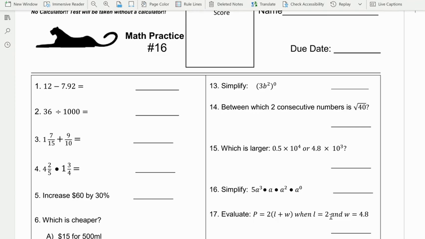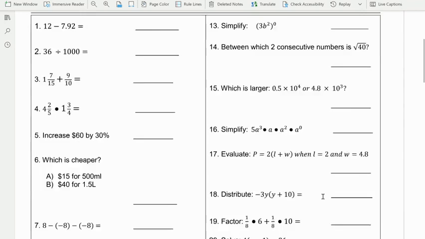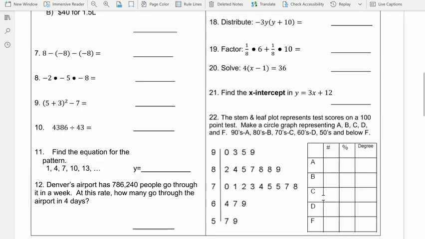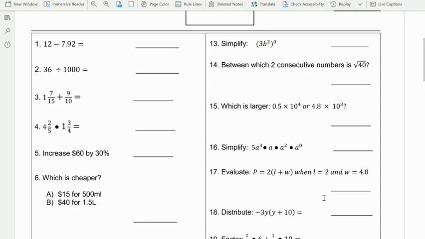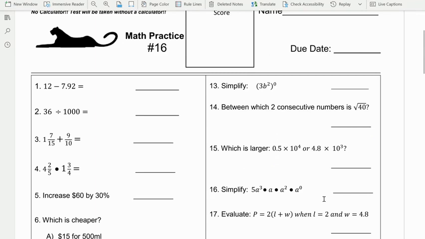All right, let's take a look at the next 11 questions on Math Practice 16. When you are working on these problems, most of them, not all, but most of them are exactly the same each time, just different numbers.